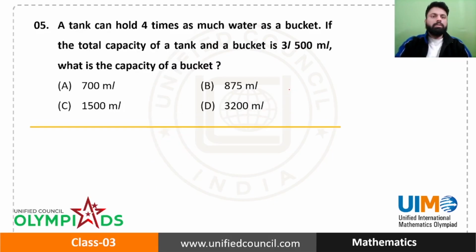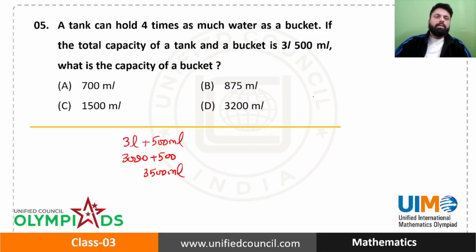A tank can hold 4 times as much water as a bucket. If the total capacity of a tank and a bucket is this much, what is the capacity of a bucket? So 3 liter plus 500 ml is equal to 3000 plus 500, that is 3500 ml. Now a tank is equal to 4 times a bucket.